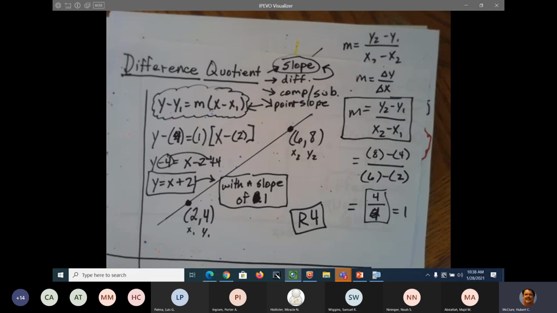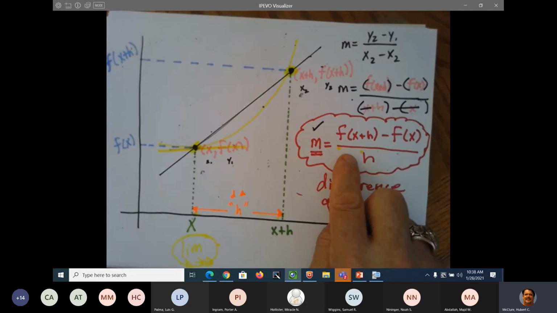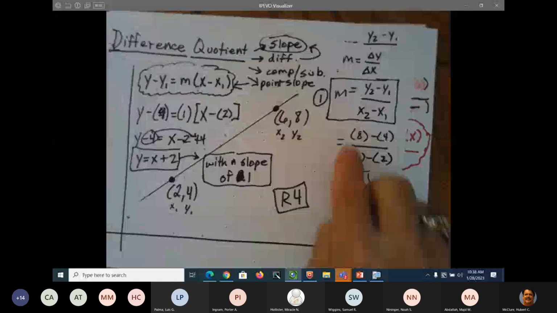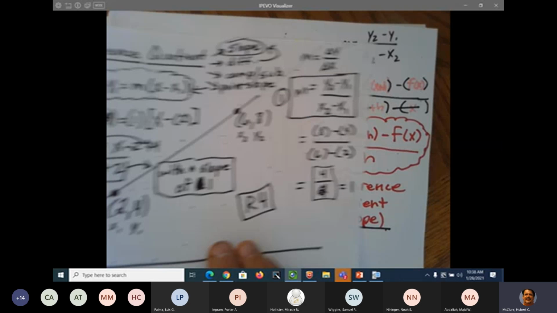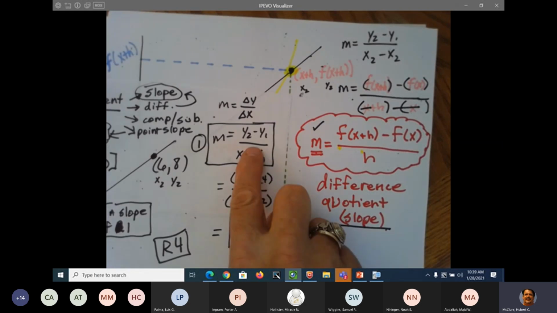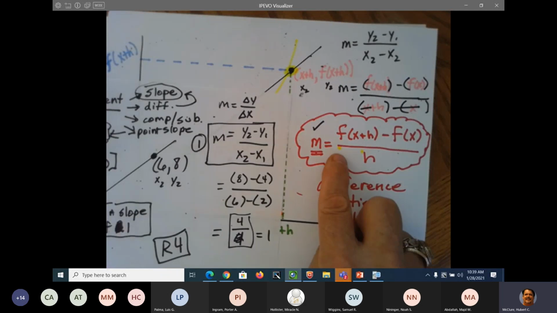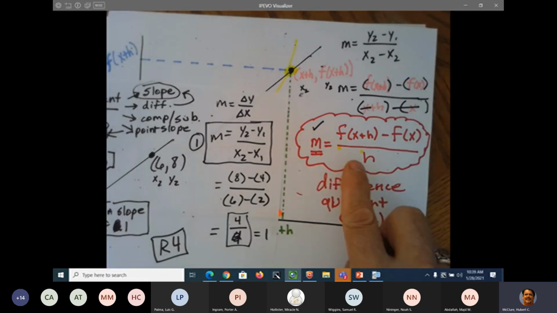This is for functions. This is for numbers. And I guarantee you there's somebody out there that's never made the relationship between slope and the difference quotient. It's the same thing. This is for numbers. This is for functions.